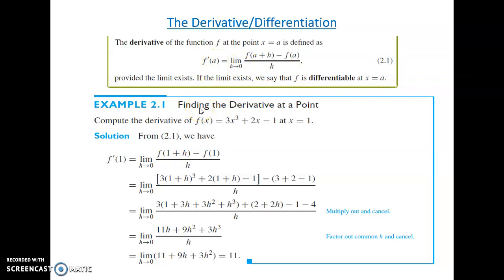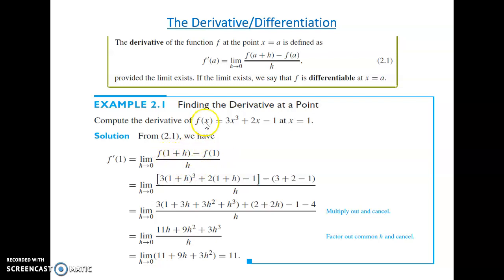Let's see an example. Find the derivative of f(x) at x equals 1. I use this definition. f prime 1, because we are asked to find it at 1, so a is 1 here. So I put 1 plus h: f(1 plus h) minus f(1), divided by h.